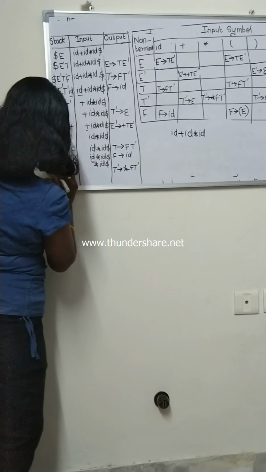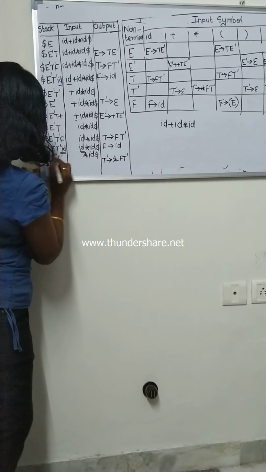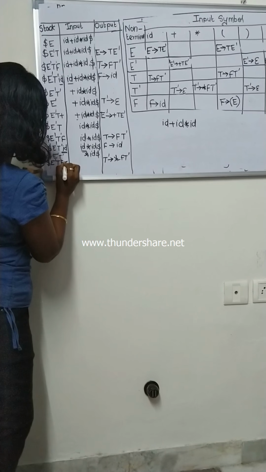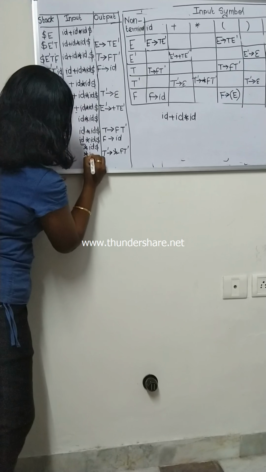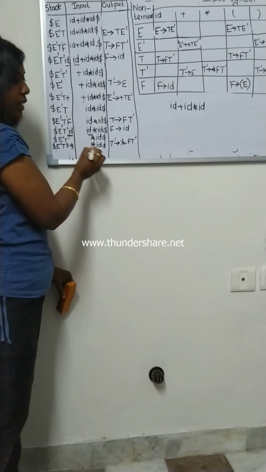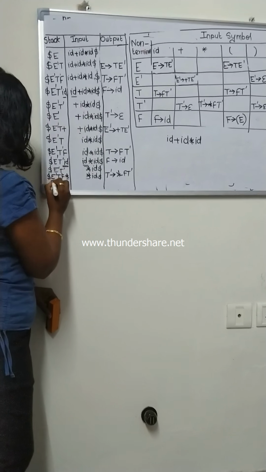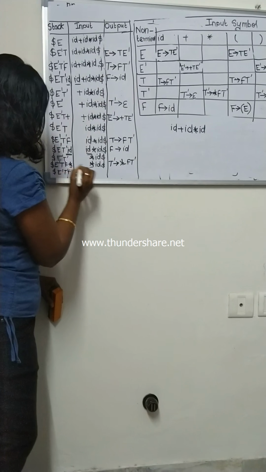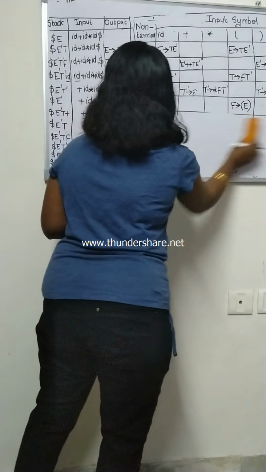So here it is dollar E dash, T dash F star, and I am writing the input symbols ID and dollar. Now if you see here, here also star and here also star. So I am writing it as dollar E dash T dash F and here I am writing ID dollar. So the remaining I am writing here.